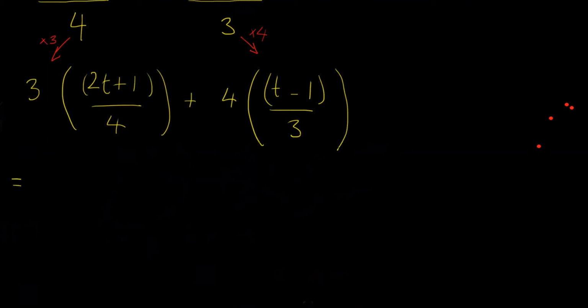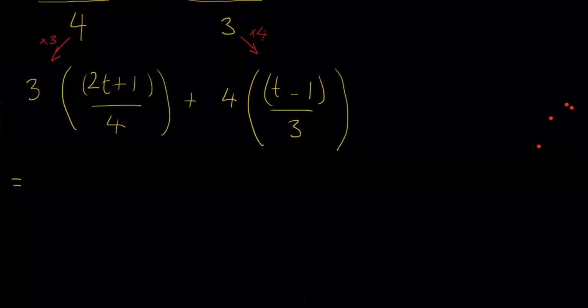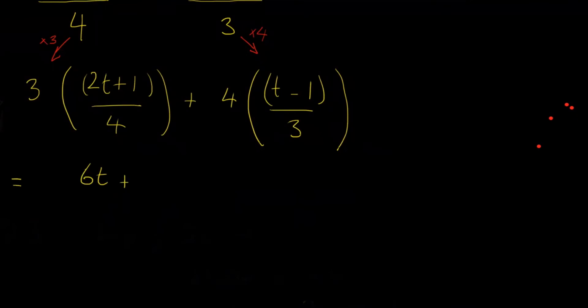So let's expand this bracket out. What's 3 times 2t? 6t. And what's 3 times 1? It's just 3.